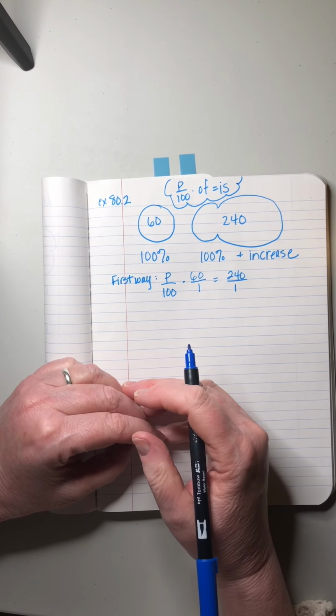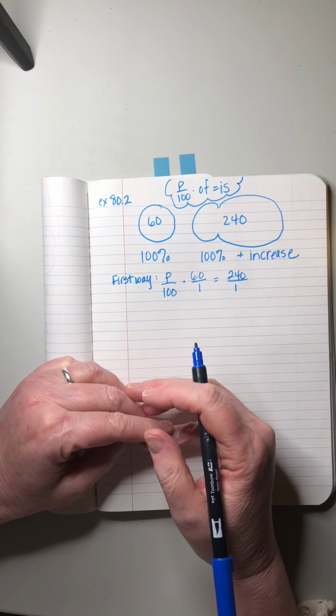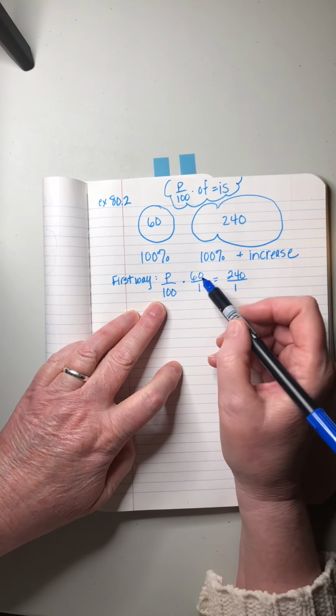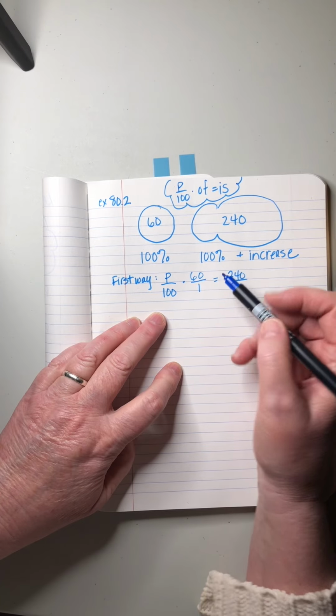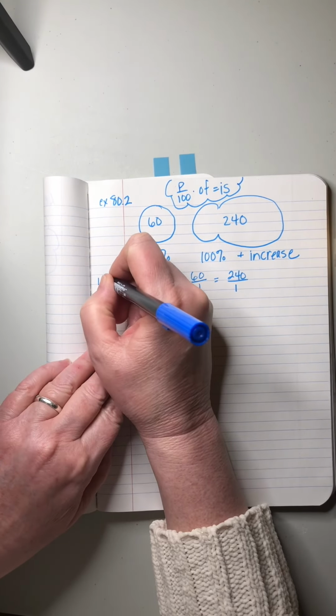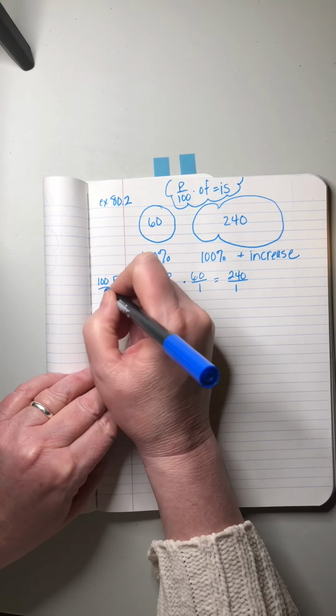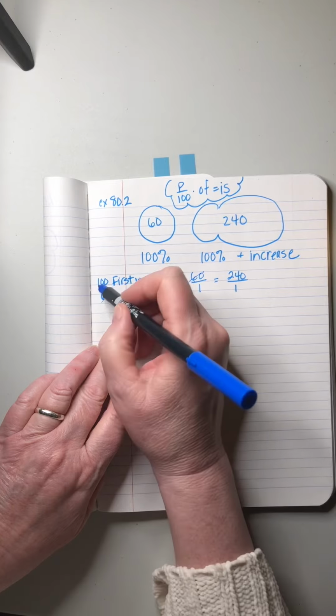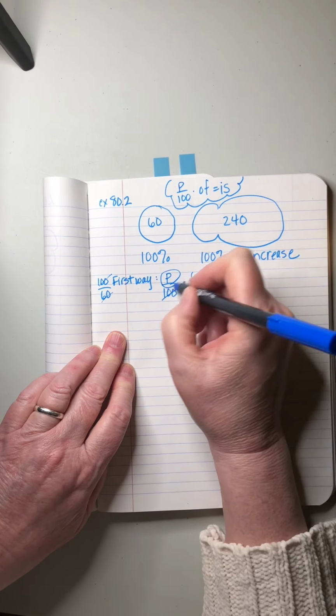Now what I want to do is multiply by the reciprocal. I want to cancel these, so I'll write it over here. It's kind of crowded. 100 on the top, 60 on the bottom. Now the 60s cancel and the 100s cancel. P is left by itself.